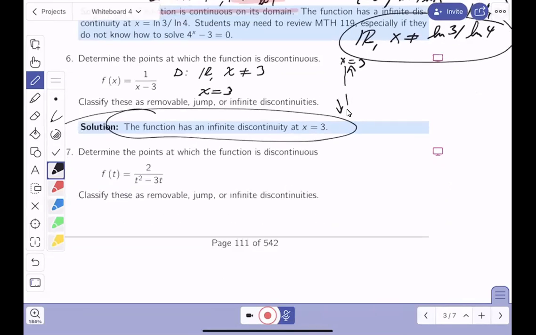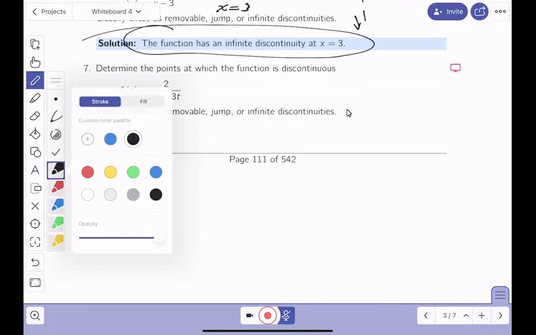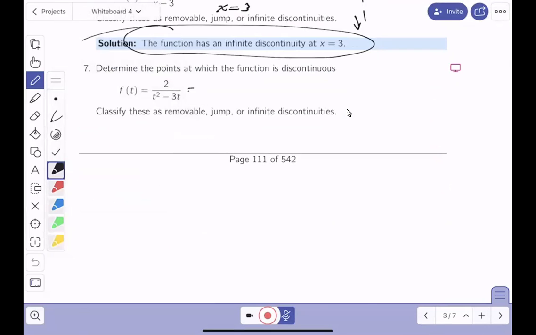All right, let's look at the next one. It says determine the points at which the function is discontinuous. Well, I got to write this down now. It's a rational function with t minus 3. So what's its domain? Its domain is all real numbers, but t cannot be 0 and t can't be 3. All right, so what do I know? I got asymptotes there. We learned this in 119.